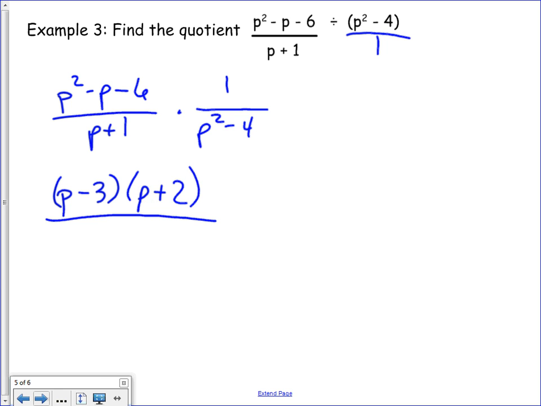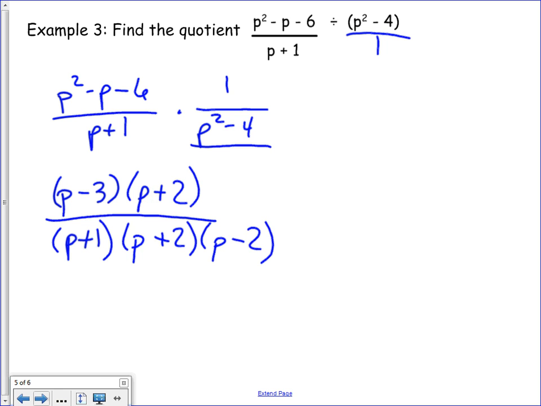Now we have a factor of p plus 1, and we want to factor p squared minus 4. When we factor p squared minus 4, that's following the difference of two squares pattern. So we'll take the square root of p squared, which is p, plus the square root of 4, which is 2, and then also p minus 2.